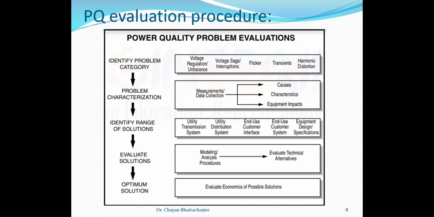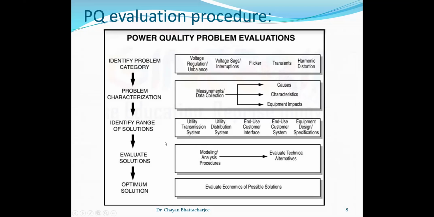So you have to identify the critical load area which is getting affected by that particular problem. Then you can use a low rated mitigation device that will save your cost. So, identifying the range of solutions.